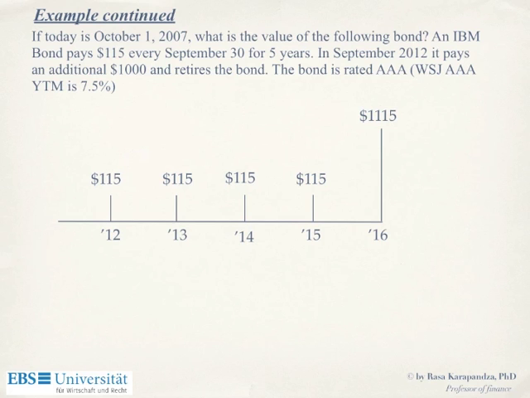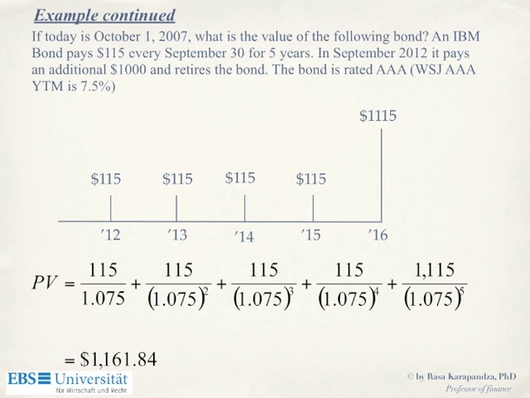And now the question is, what is the price? How much would I pay for this bond? Well, you know that you will certainly not pay more than this amount of money. Because if you invest $1,161.84 into something that is of a similar risk, something that is AAA rated, you will get more.